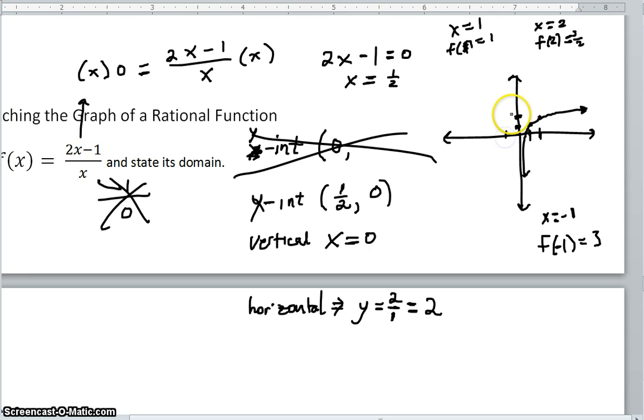So hopefully you can see that this is going to start to go this way, and then in the long run it's going to go like this, again following this imaginary line y equals 2. So it's going to follow that line as we keep going.